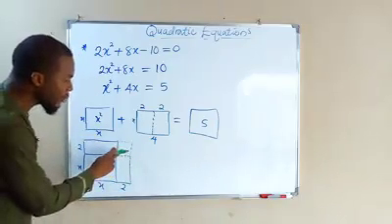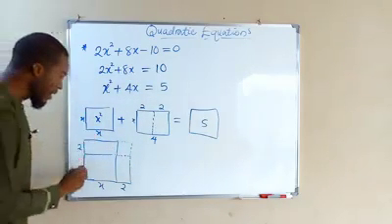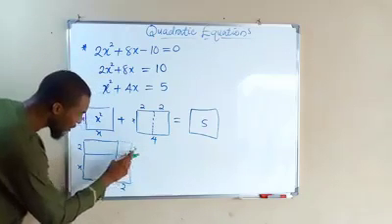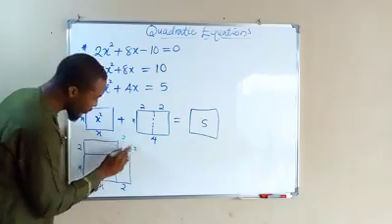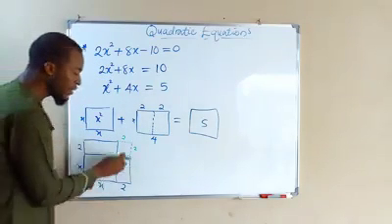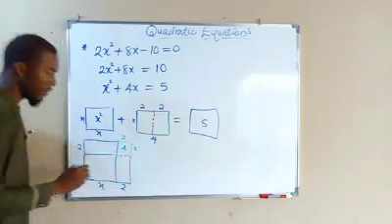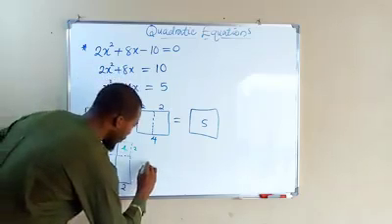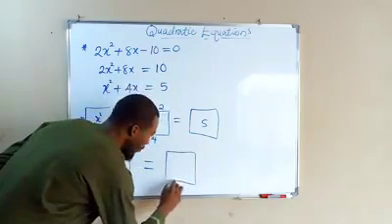To make it complete, we have to add a particular area here that will make this square a complete square. You know that the side length of this side is going to be 2 because it must correspond to this side, and the side length of this will also be 2 because it corresponds to this. Hence, the total area added is 4 because 2 times 2 is 4. And to the right-hand side, we have our plane figure of 5 units.